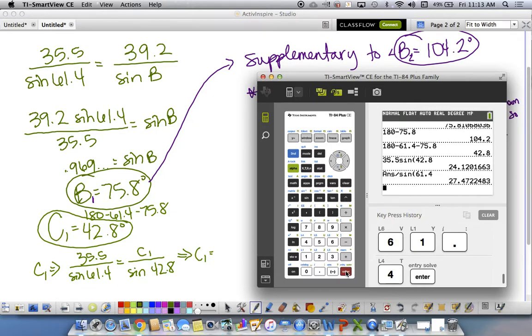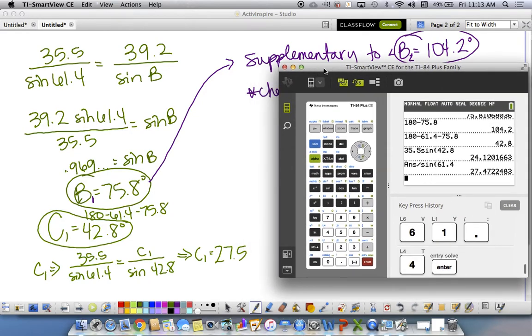So my c1 would equal 27.5. What unit was I in? Gotta look back. I'm in centimeters. So 27.5 centimeters. Okay, so we have solved all of triangle 1.